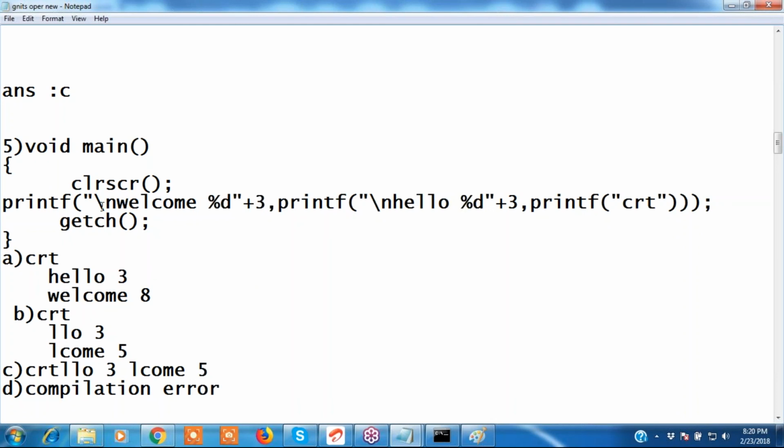If I write plus 3, it starts from LCOME, right? Here the answer is what? This percentile is 5, not the total length. Are you following me? This percentile is only whatever it is printing. Yes, sir.